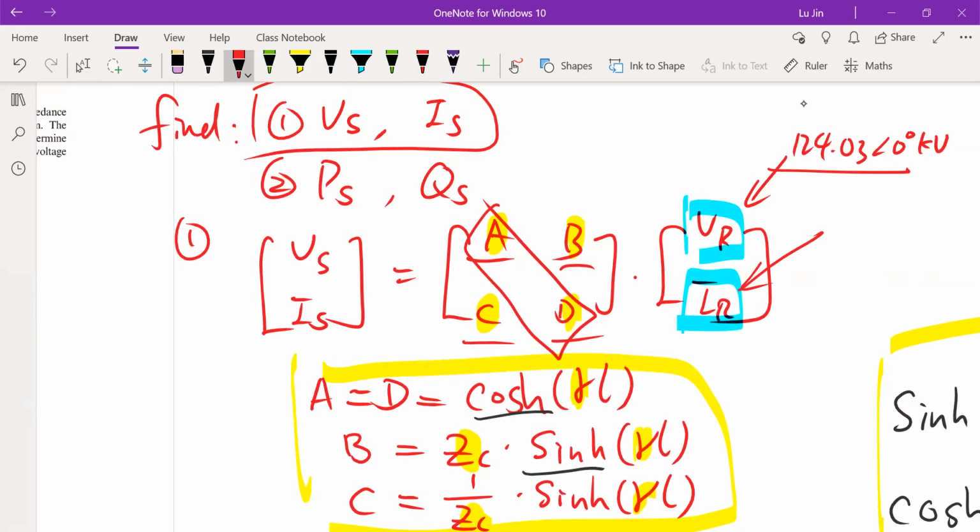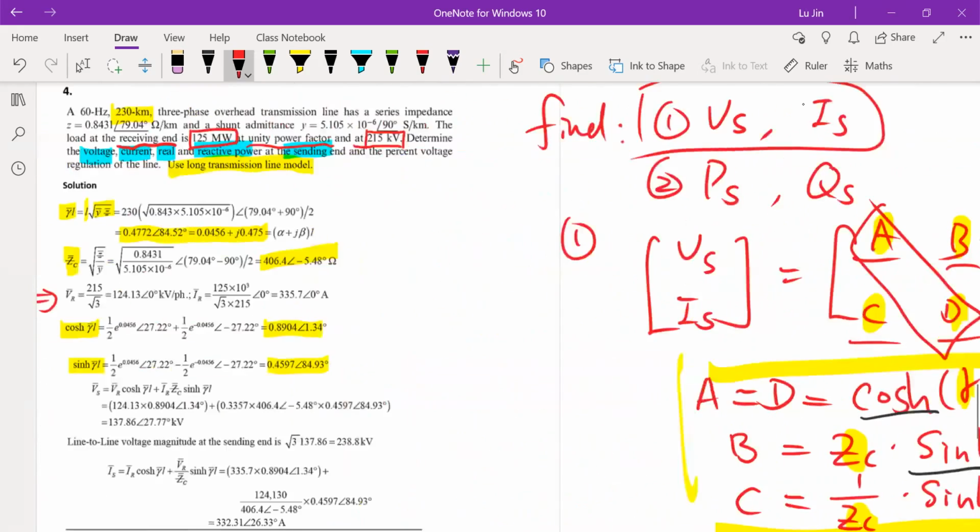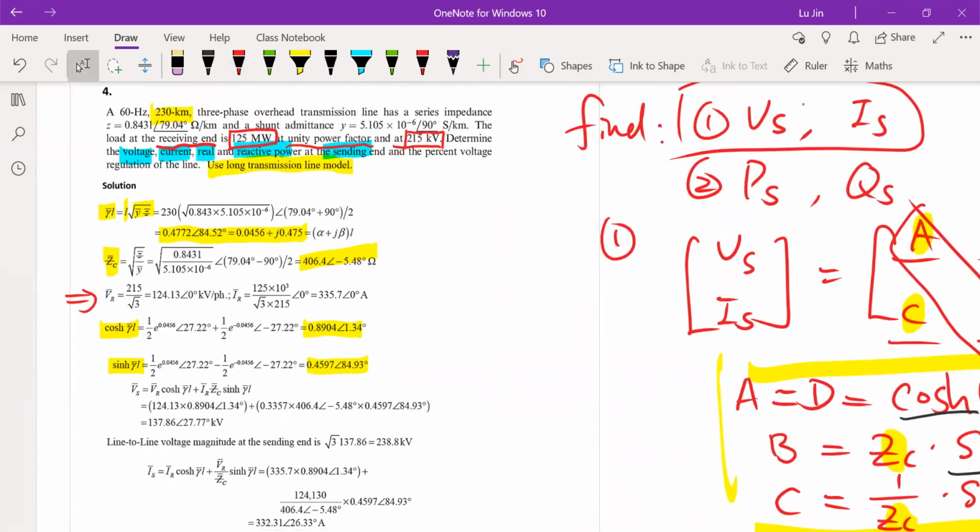How about the IR vector? Because you want to determine the current at the receiving side, and at the receiving side you know the voltage, you know the real power.